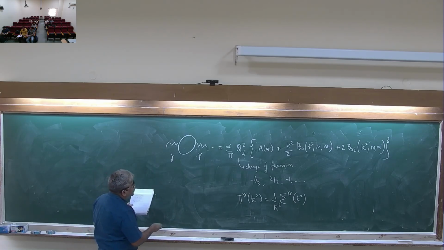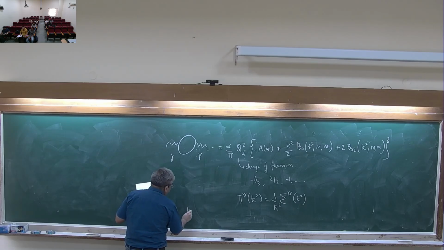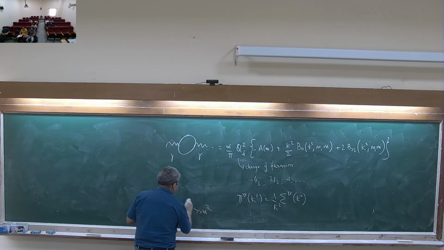So for LEP physics, k square is much larger than m square at these energies, except top.